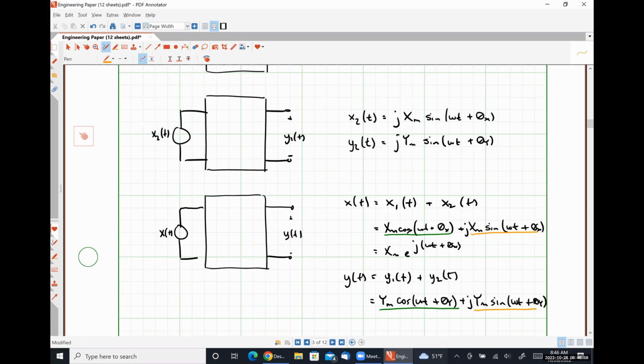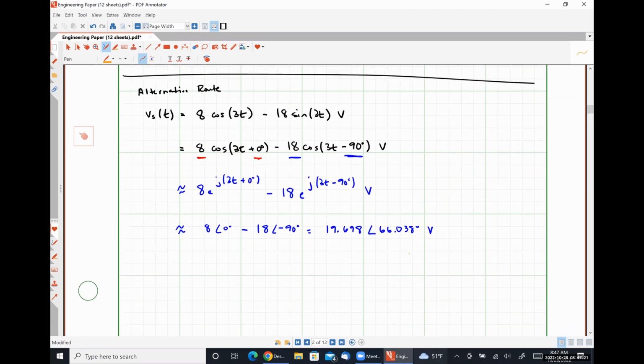So effectively, if we are interested in analyzing a circuit in the time domain, we can represent our sinusoids as complex numbers, do all of the math, and then just throw the imaginary part away because it's not the part that we're looking for.